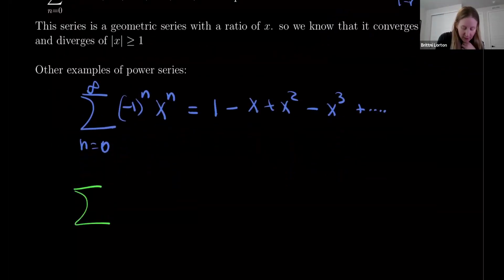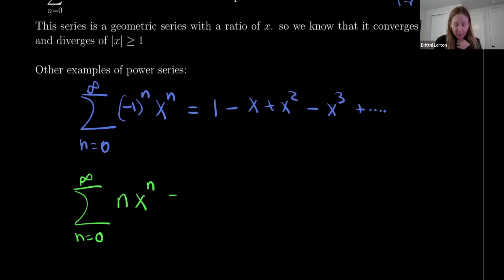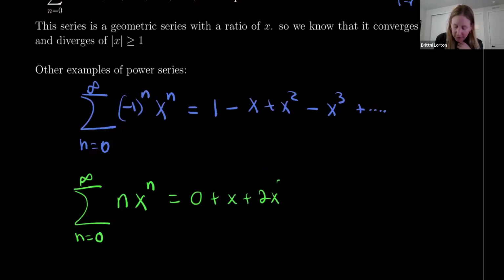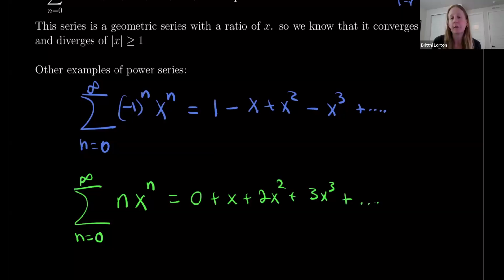Another example of a power series could be something like the sum from n equals 1 to infinity of n times x to the power of n. And if that were the case, I would end up with 0 plus 1 times x plus 2 times x squared plus 3 times x cubed. It's another infinite polynomial with different coefficients.